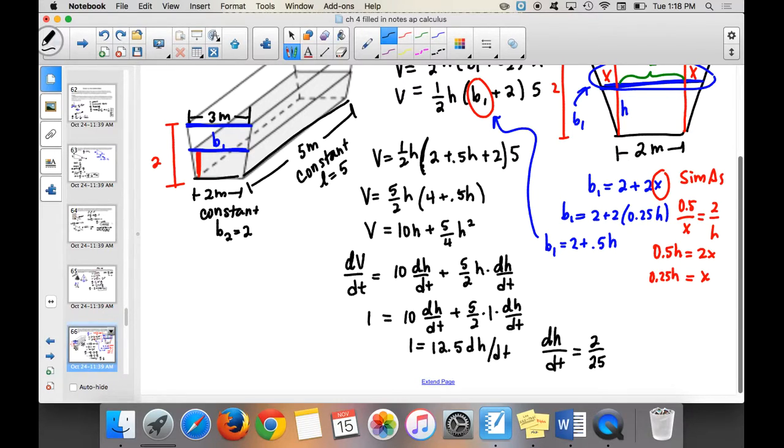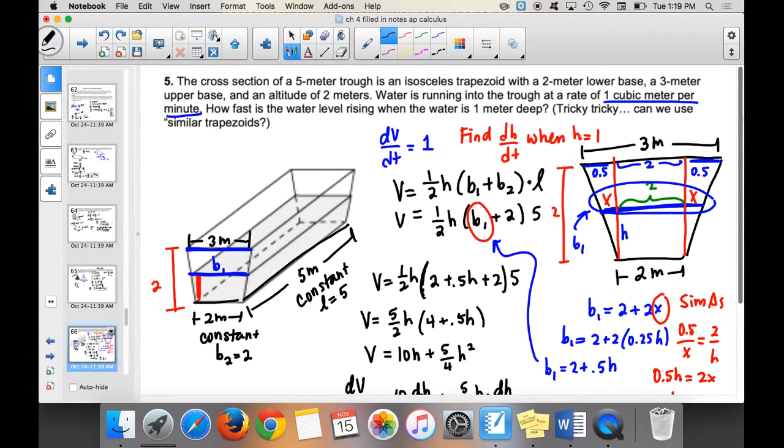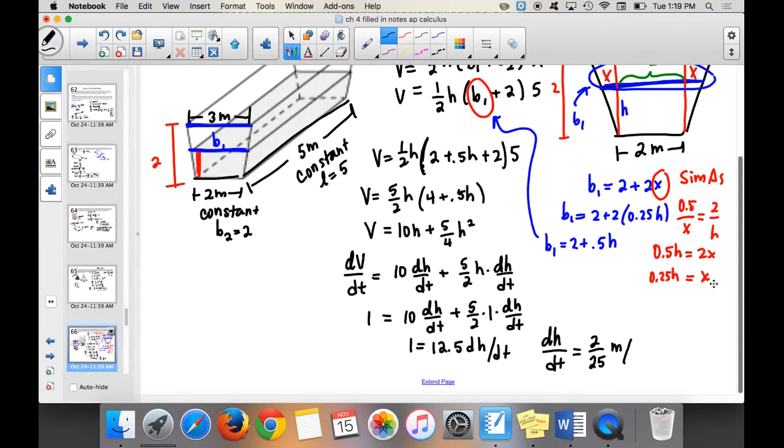That's right, 400ths, 0.04. No, I was dividing the 12.5 over here. 1 divided by 12.5. So what is this, meters per, what was it, minutes? Oh, okay. Yeah, minutes. That's our answer.